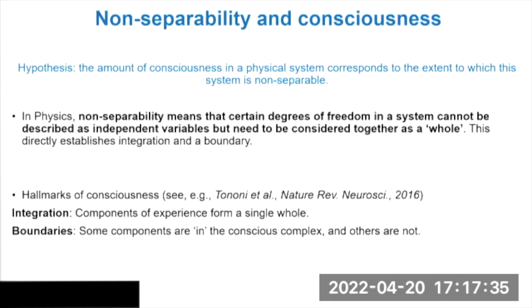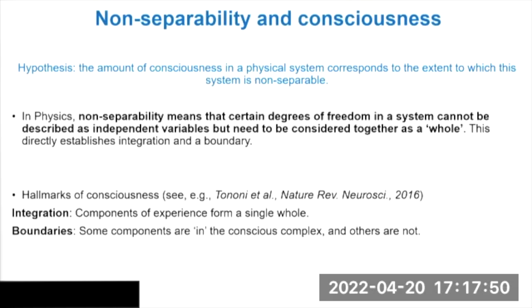And I think perhaps the most important ones, at least I'll mention the two here now. The other ones I think are covered by the hypothesis that I'm proposing as well. But the two important ones are integration and boundaries.